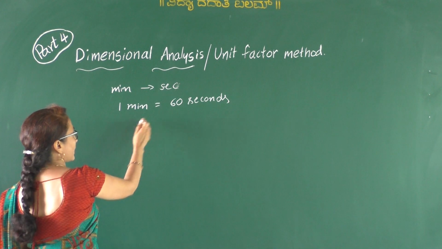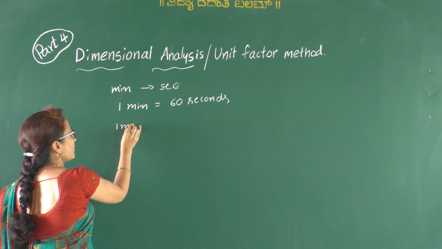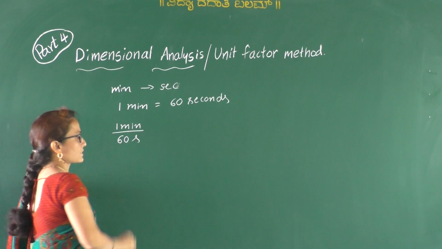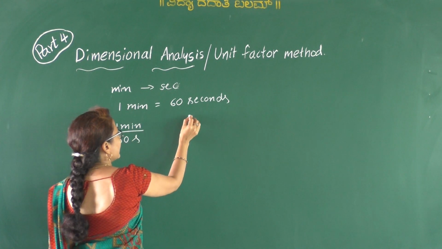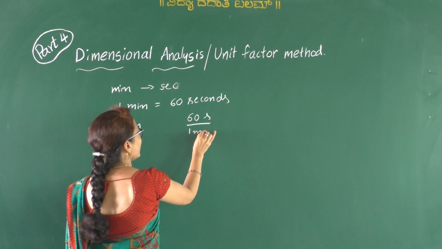If we take this 60 seconds to this side, then we get 1 minute divided by 60 seconds. Or if we take this 1 minute to this side, then we get 60 seconds divided by 1 minute.